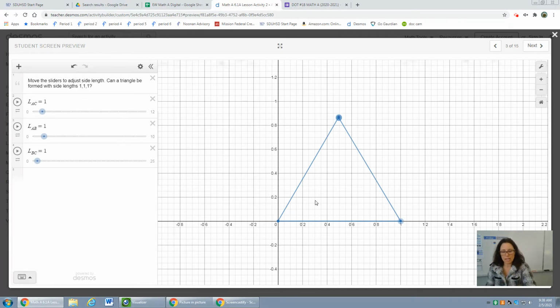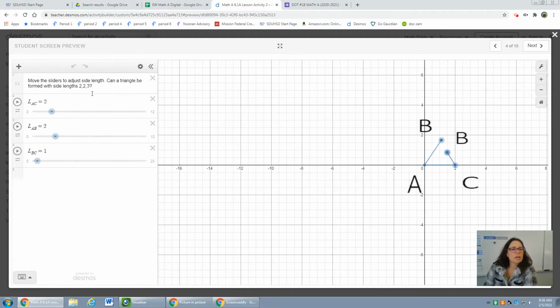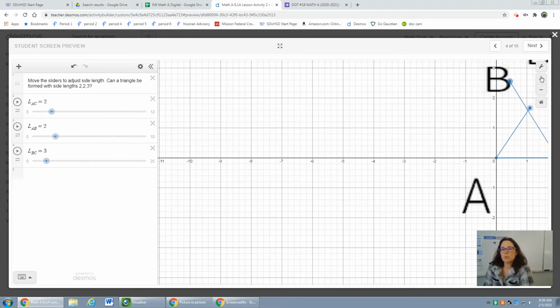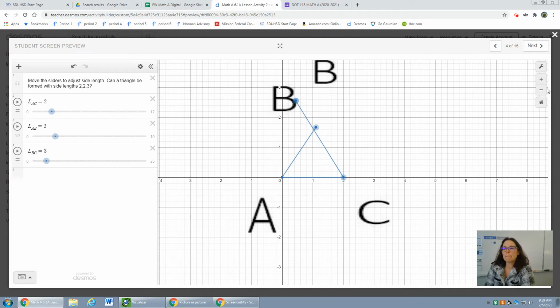So you're going to write, well, it's already written on your paper, yes, and you know this is equilateral because all three sides are the same length. Okay, now the next one. The next one is, can a triangle be formed with side lengths 2, 2, 3? So I've got 2, 2, and I need to change this one to 3. Okay, let me blow this up so we can really get in there a bit.